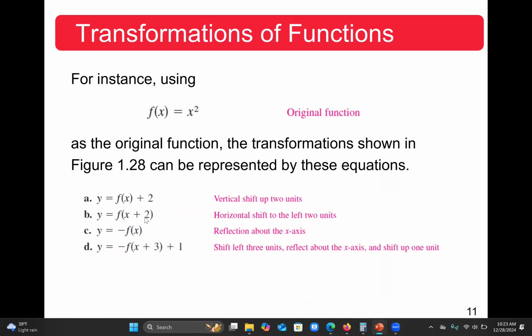And y equal to f of x plus 2, we saw the horizontal shift to the left 2 units. Also negative f of x, the reflection about the x-axis, whether it opens upward or downward. Then we also saw the last one, y equal to minus f of x plus 3, plus 1.